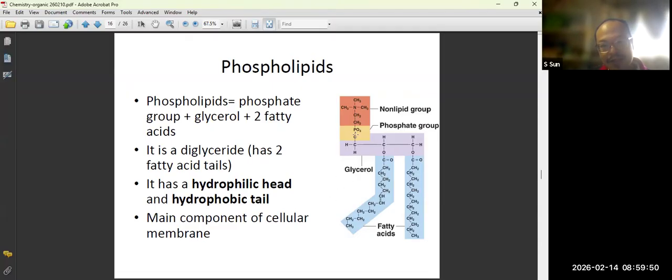If you don't dock one here but dock a phosphate group right here, it's called a phospholipid. So phospholipids contain 2 fatty acids.